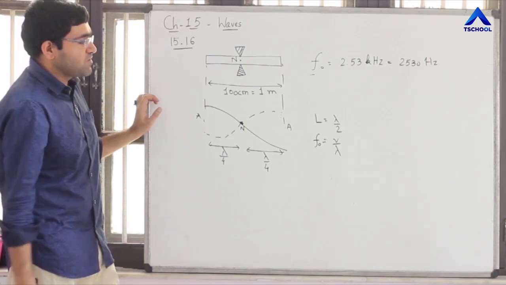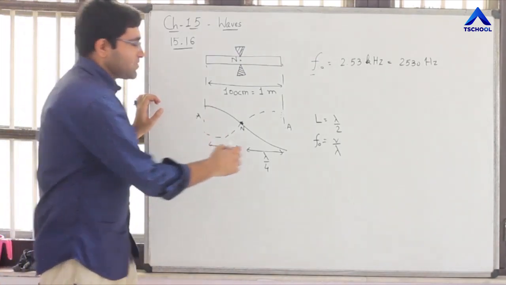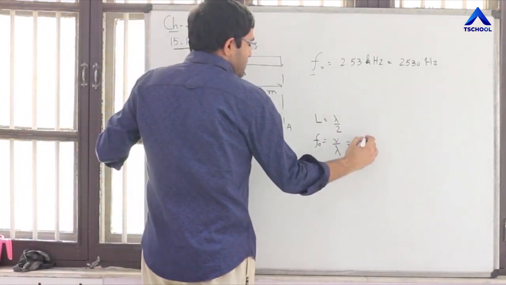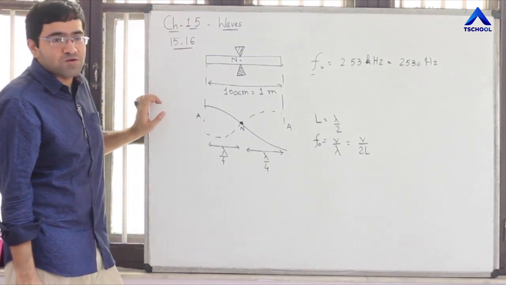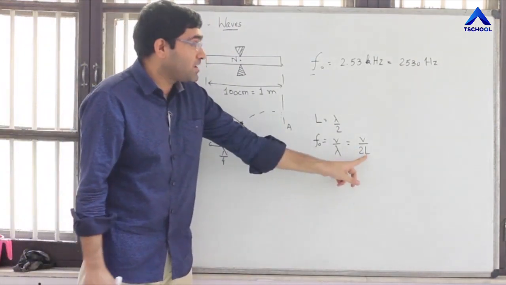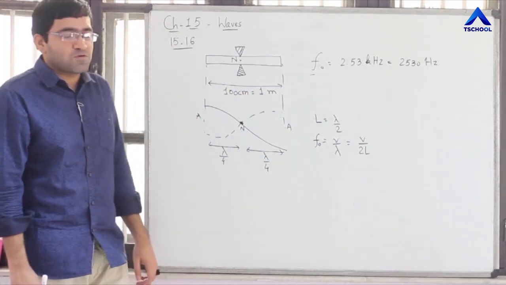Well, F0 is given, lambda we can easily find from L, so lambda is going to be 2L, and that gives you the value of V after you substitute value of F0 and length obtained from here. Alright, so that's how we have to solve this question out.